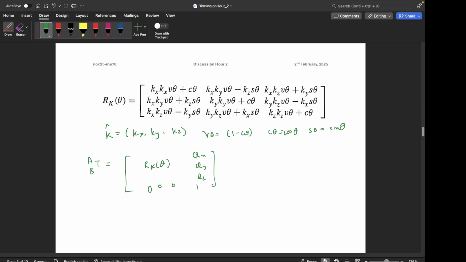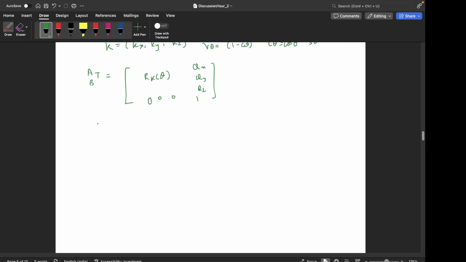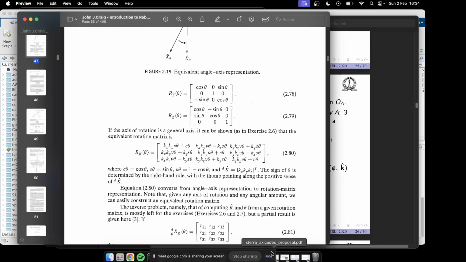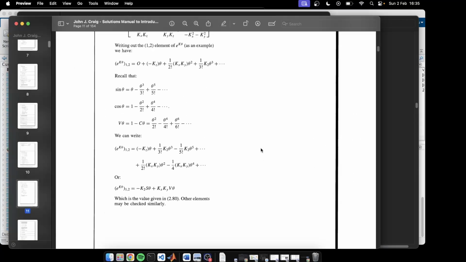And what you can do is you can on your own do this multiplication and find out. What I will do is just paste the answer from the textbook here, right?